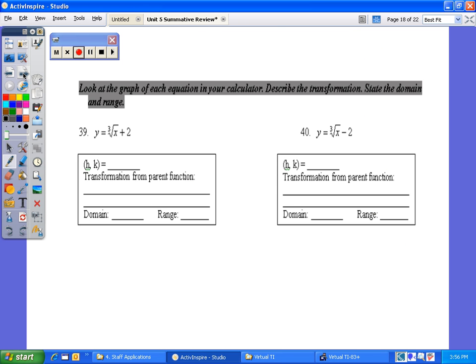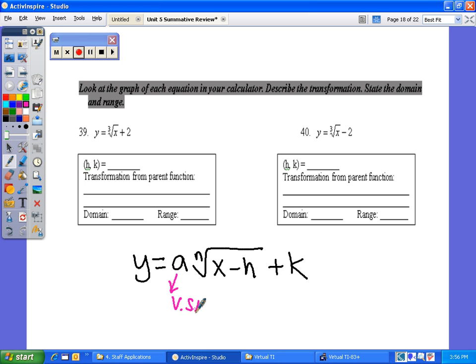Next part is transformations from the parent. And you don't need to actually graph anything for this, thank God. So, you have to memorize this. Remember what each piece means. Okay, this is your vertical stretch and your vertical shrink, and also your reflection. I'm not going to go through the whole thing because you have this all written out in your notes, hopefully.